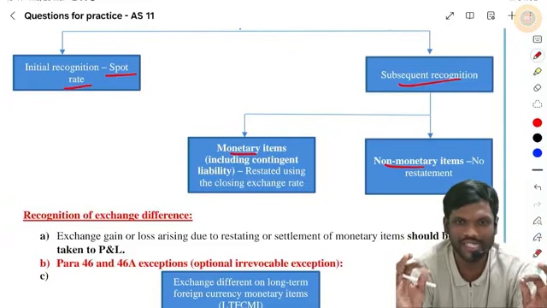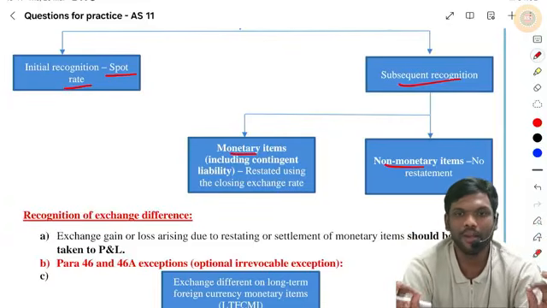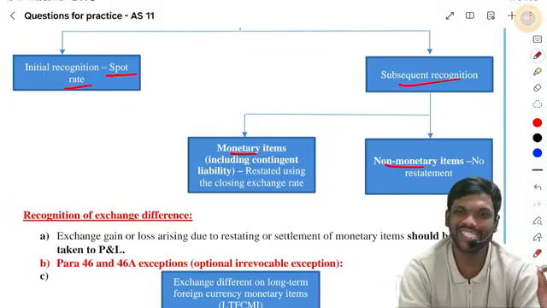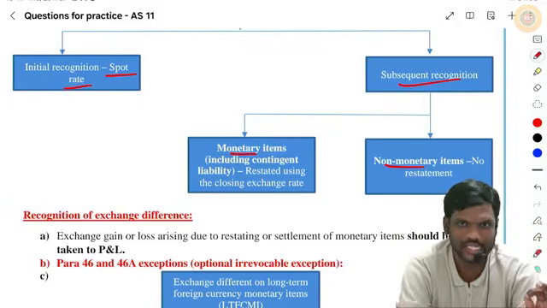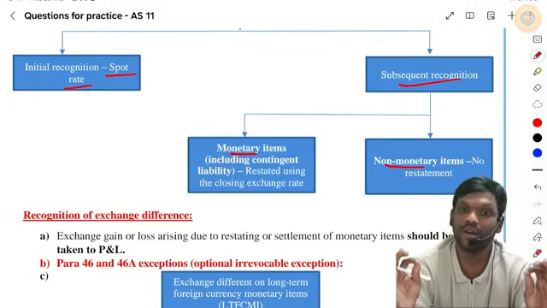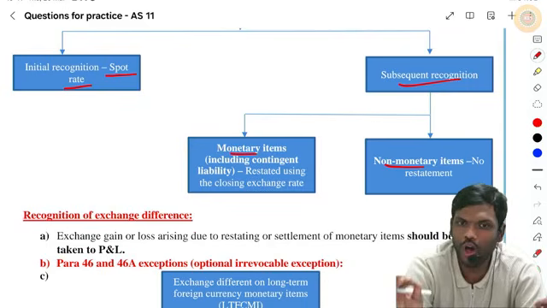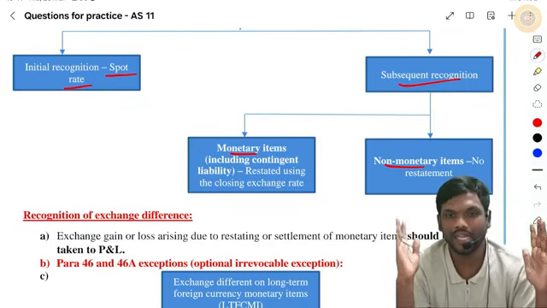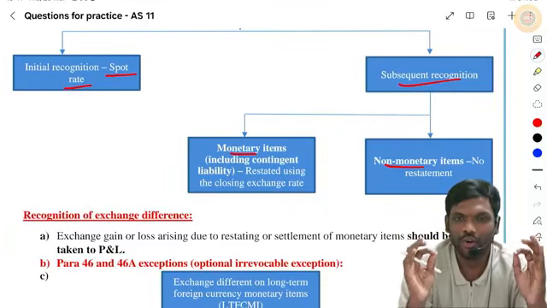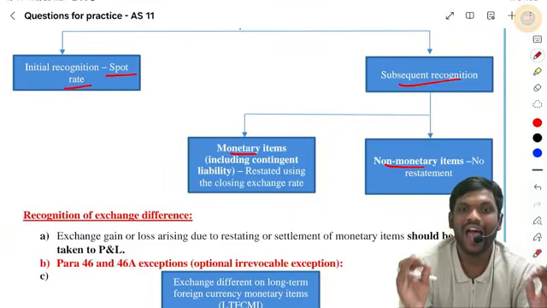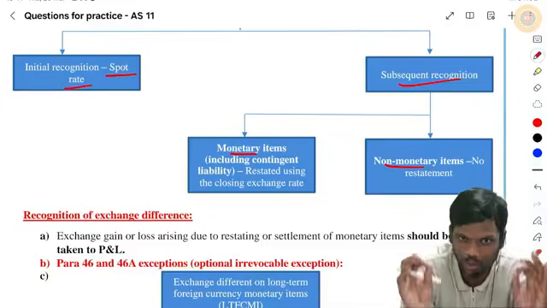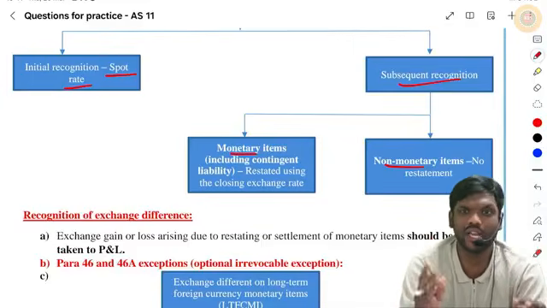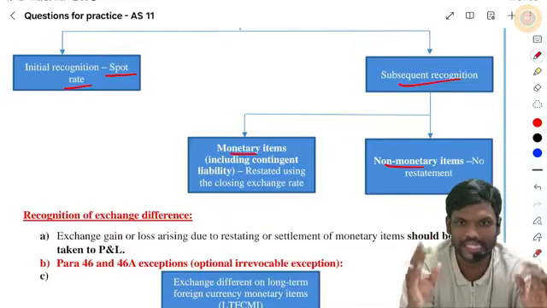Just one small example. Assume you have a foreign currency debtor. Debtor is an asset and you're going to receive money in future, and you know how much you're going to receive now itself, then it becomes a monetary asset. Any asset where you're going to receive money in future and you know how much, or you can find that out, becomes a monetary asset.